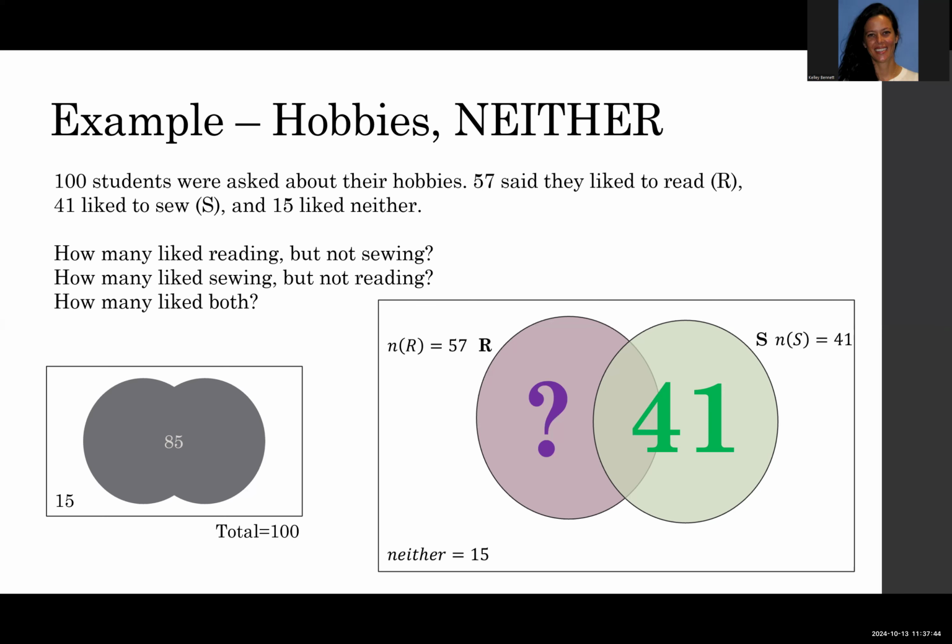What would have to be that missing piece if the total is 85 and sewing is 41? The way I figure that out is 85 minus 41. So now I know that this piece of R, not the whole thing of R, just that piece that's R by itself, that's 44. This represents reading but not sewing. So the answer to that first question, how many liked reading but not sewing, is 44.